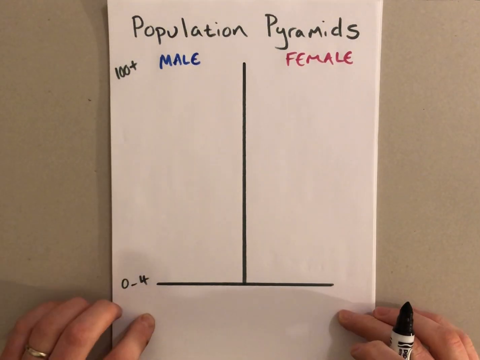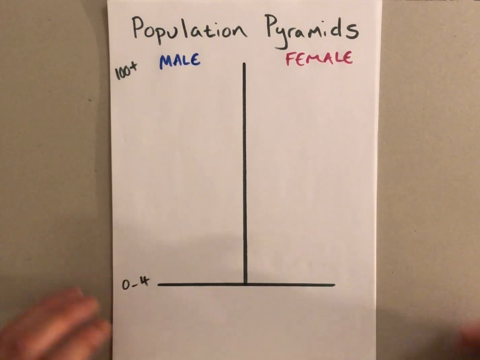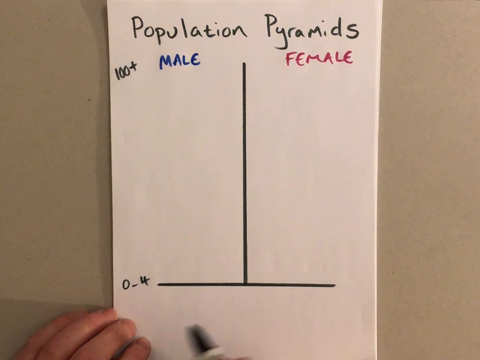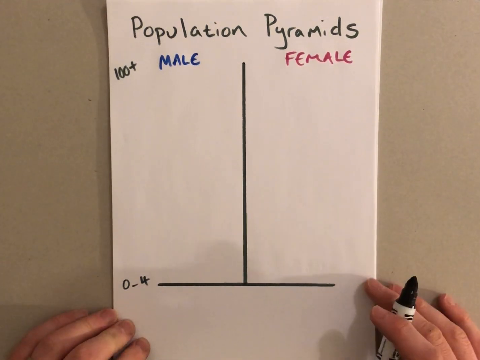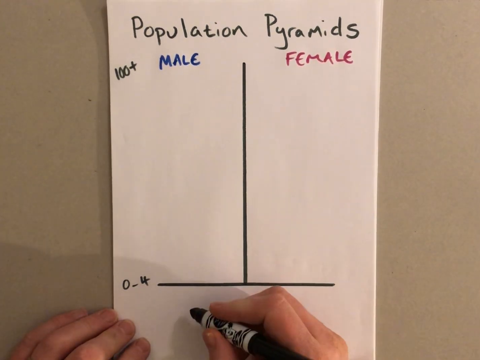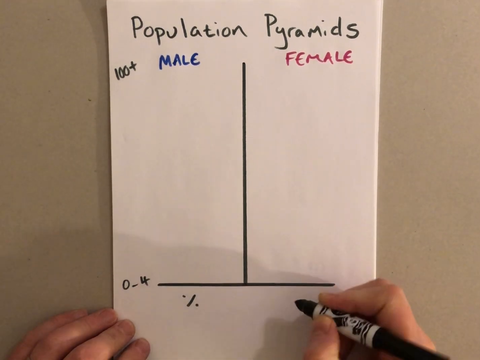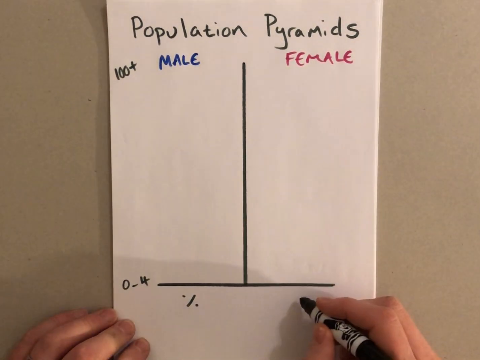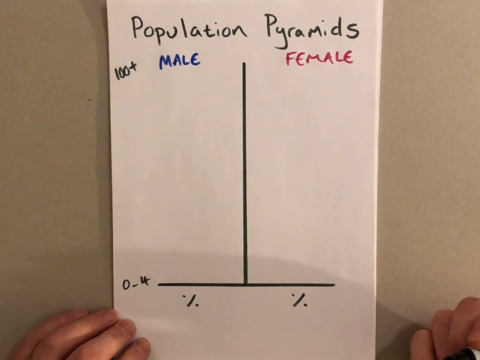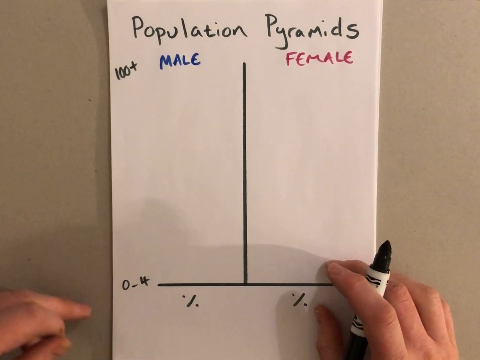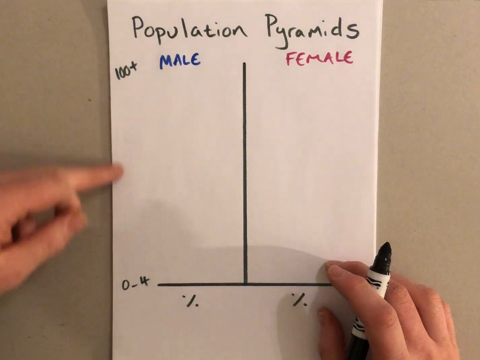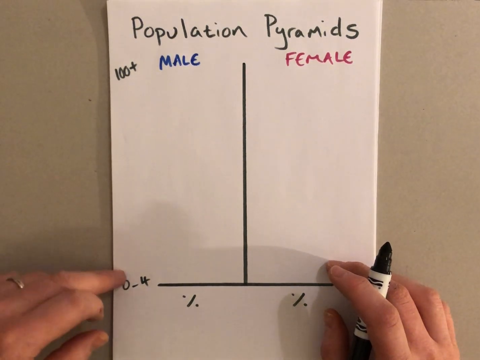Running along the bottom will be how much. So sometimes this is shown as a percentage, or sometimes this is shown as a number in thousands, but this is simply our amount. So let's say that we're going to go for percent of males in the population, percent of females. And there are certain key ages that are worth noting.